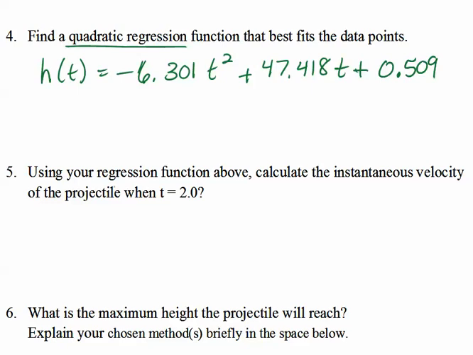All right, now that we have our regression function as y1, now we can go to the home screen. So to compute the instantaneous velocity of the projectile, well, now we can find out what h prime of t is. And we could do that with our calculator. So in the home screen, I can find the derivative. And I want to do the derivative of y1 of x with respect to x.